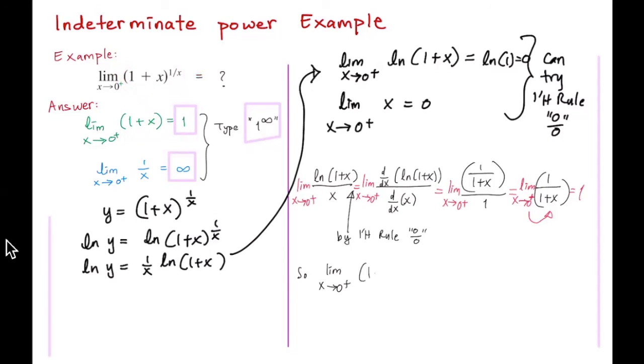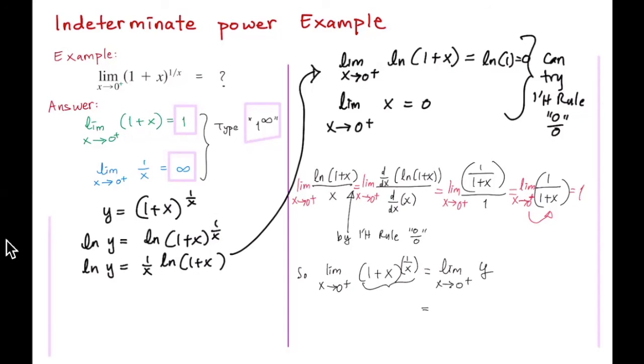Actually, let me write down the whole thing. So the limit of 1 plus x to the 1 over x as x approaches 0 is the same as if I replace this whole thing with y.